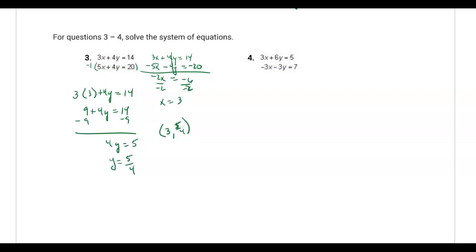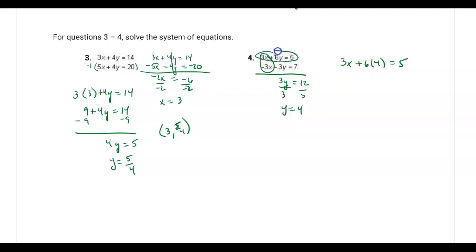Okay. Now the next one is nice and easy because if you look, when you add the x's together, they eliminate. So 6y minus negative 3y is 3y equals 5 plus 7 is 12. Divide by 3, y is equal to 4. So now 3x plus 6 times 4 equals 5.